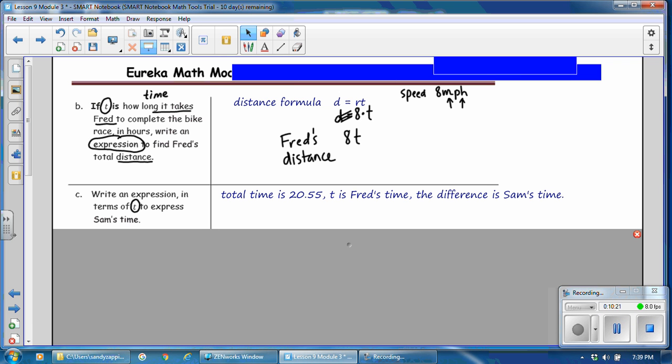Well, that 20.55 makes up Fred and Sam's time. So if we start with the total and we take away Fred's time, we'll be left with Sam's time. So the expression for Sam's time is 20.55 take away Fred's time, which was t.